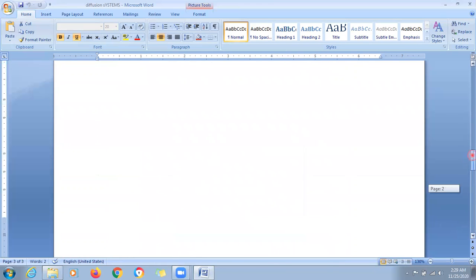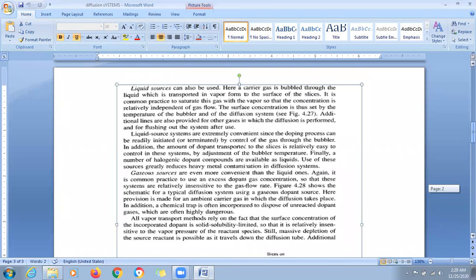Third diffusion system is the gaseous source diffusion system. These are even more convenient than liquid ones. Here in the gaseous source diffusion system, a provision is made for ambient carrier gas in which diffusion takes place.